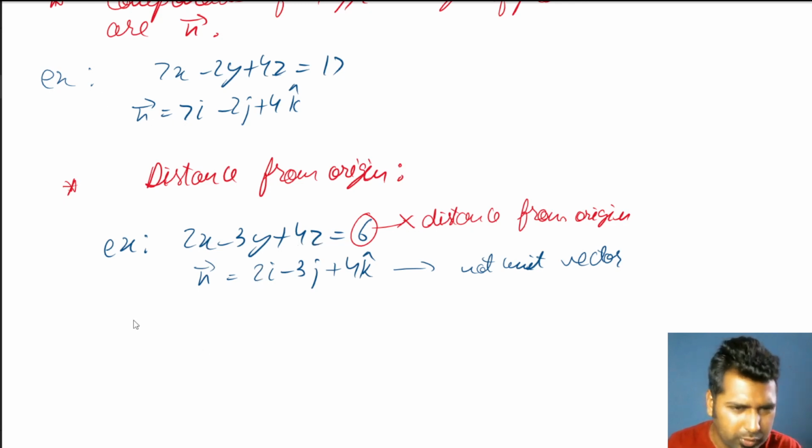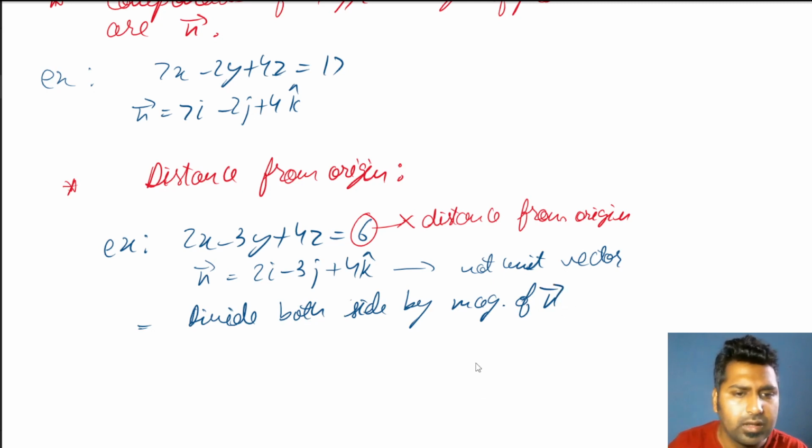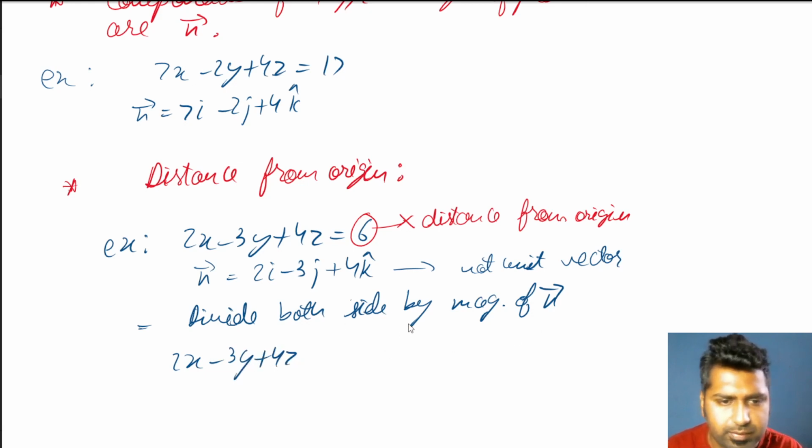So in order to do that, I'll divide both sides by the magnitude of the n vector. If I divide it, what do I get? 2x minus 3y plus 4z, divide the equation of plane, is equal to, the magnitude we already calculated for this one.